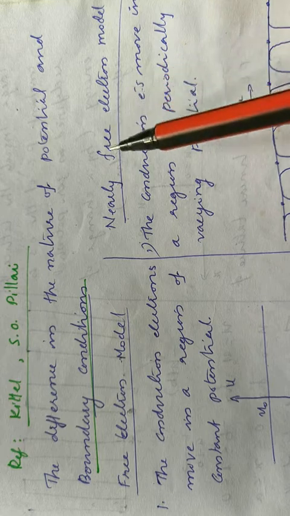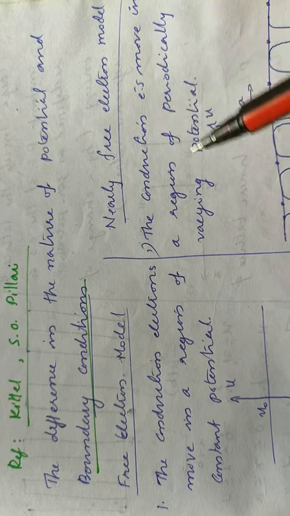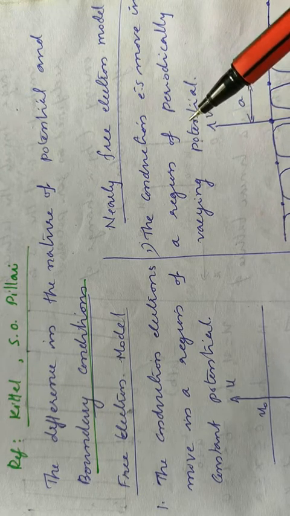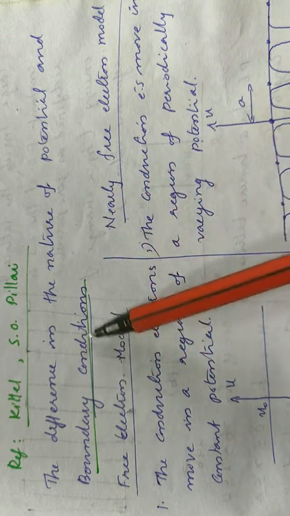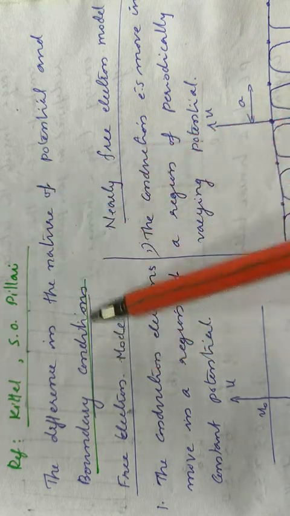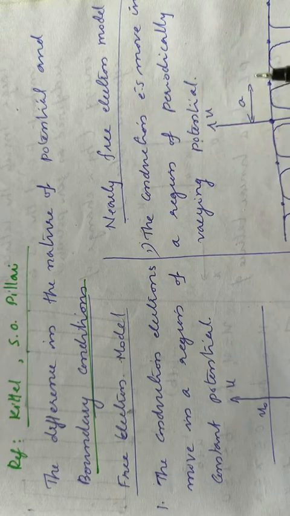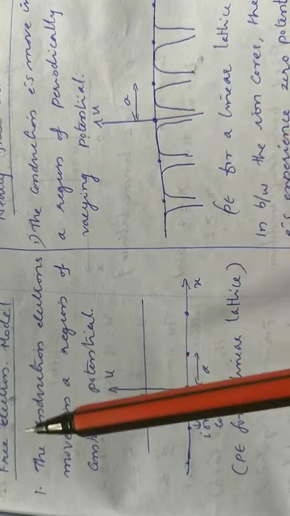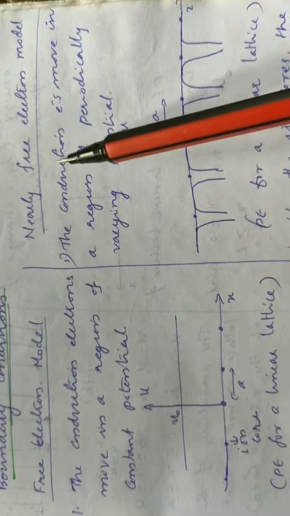The nature of this periodically varying potential is very important, and that is the reason for the origin of energy bands in metals or solids. So we will discuss the difference between the free electron and nearly free electron models.